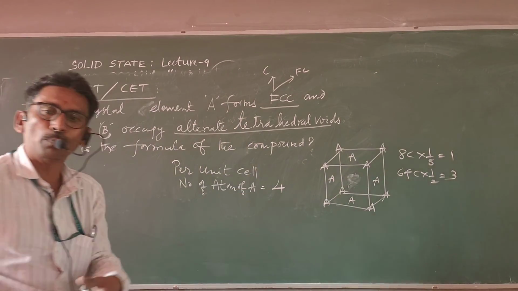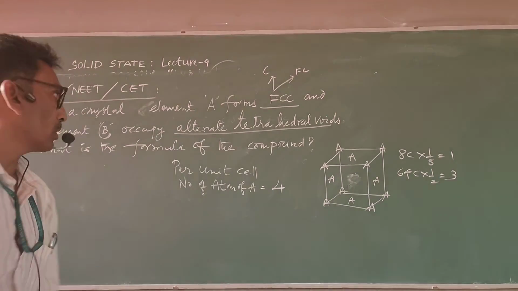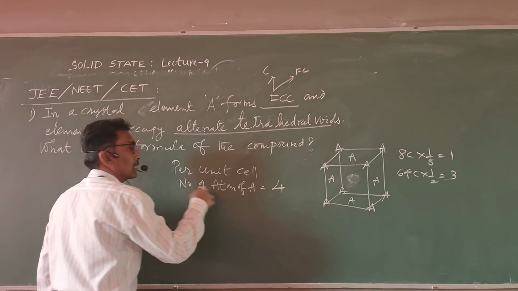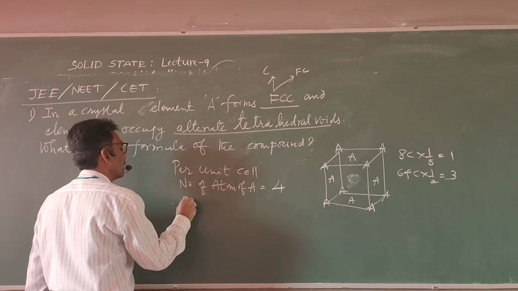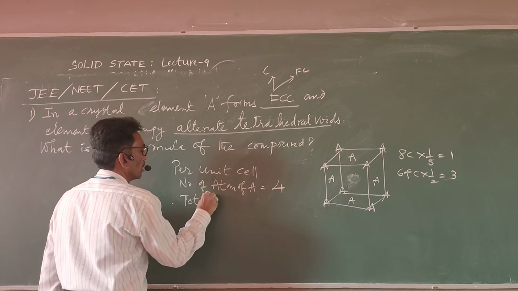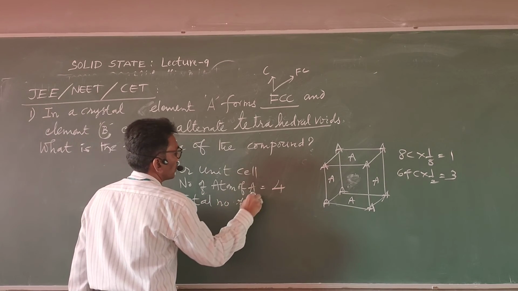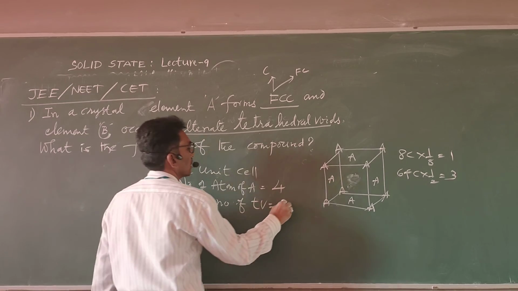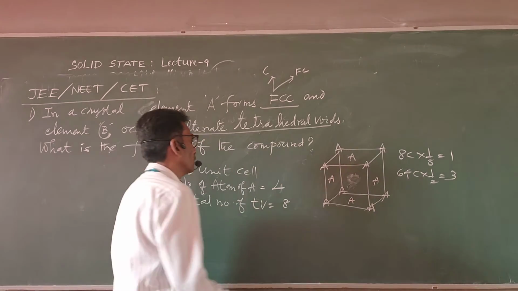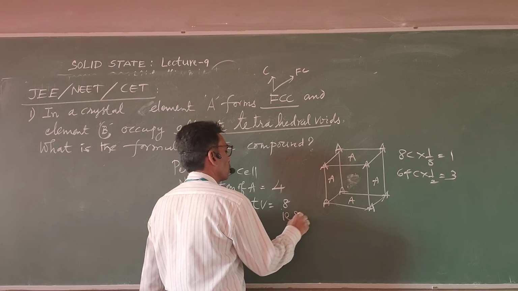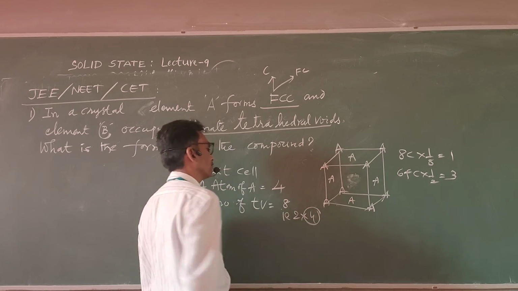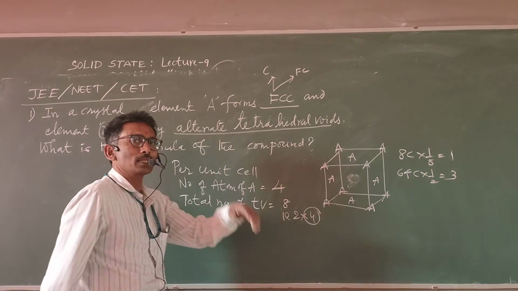So how many tetrahedral voids? Double the number of particles. Already the particles are 4, and double that is 8, that is 2 into 4, so the total number of tetrahedral voids is 8. But alternate is there.